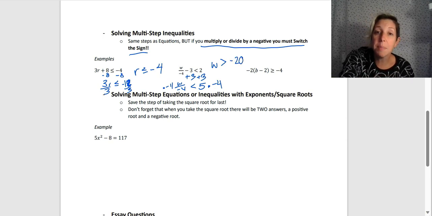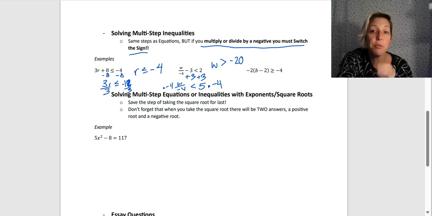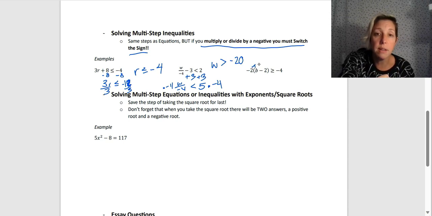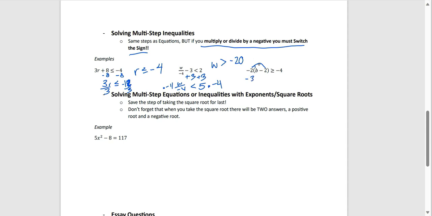The last example I've got here, again, distribute first. So -2, that would be -2b plus 4. Watch your negatives there. Negative times a negative is positive. Greater than or equal to -4. Subtract 4 from each side.